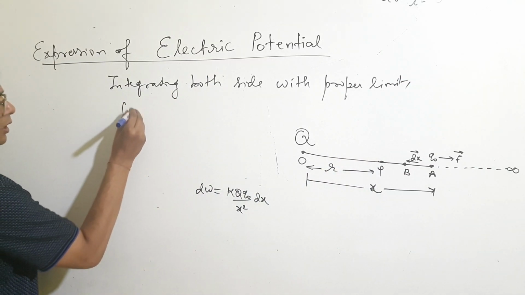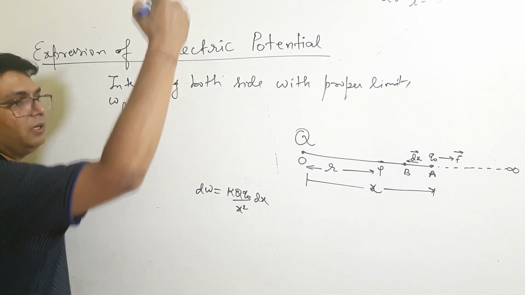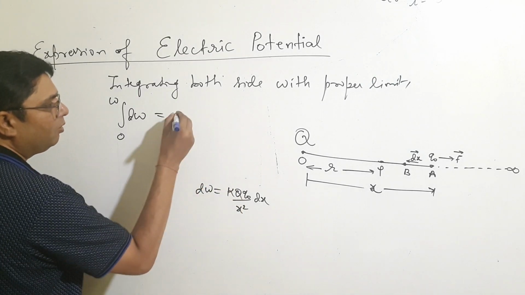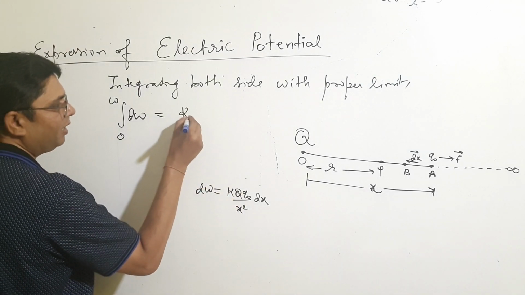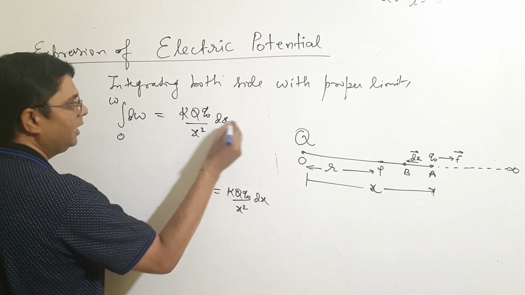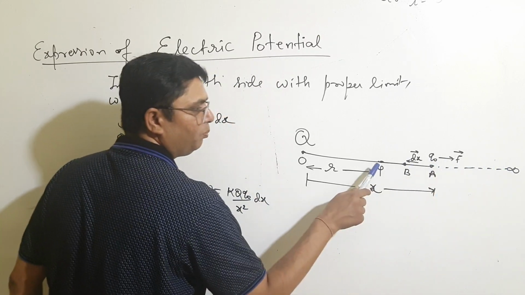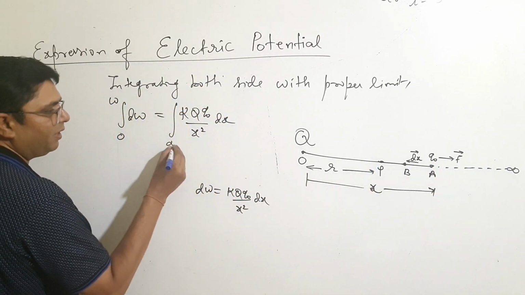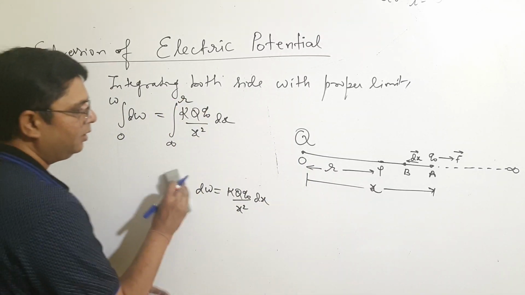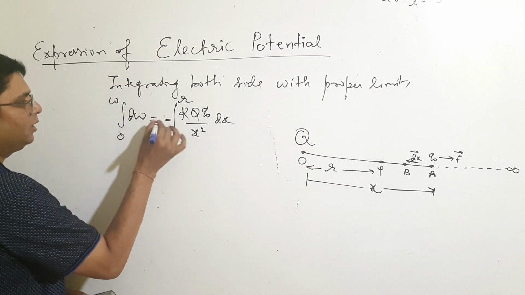The limit on the LHS is 0 to W, because work done at infinity is 0 and work done at point P is W. On the RHS we have K Q Q naught upon x square dx, integrating as we bring this charge Q naught from infinity to point P. So we write here infinity and R, and we have a negative sign, we know that.